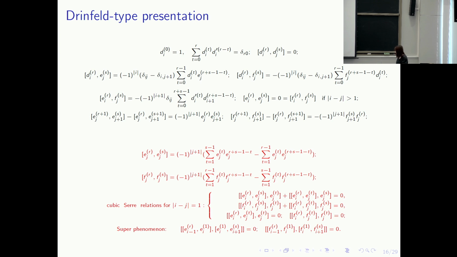Here we need quartic series relations for all admissible i in our positive characteristic, but in characteristic 0, they only need one quartic series relation for i equals m, since the corresponding quartic series relations when i is not equal to m can follow from other relations and cubic series relations.